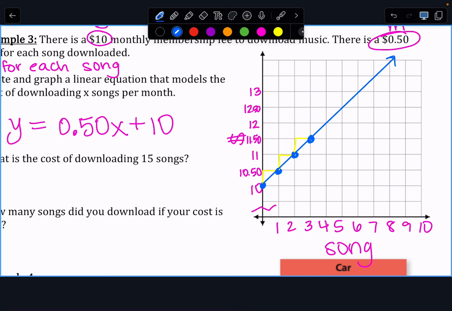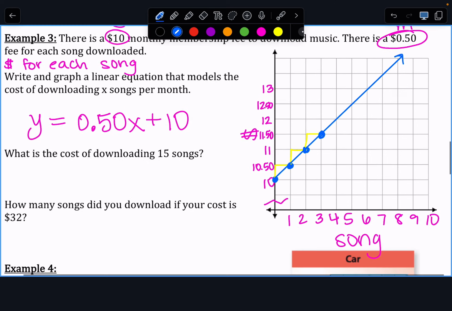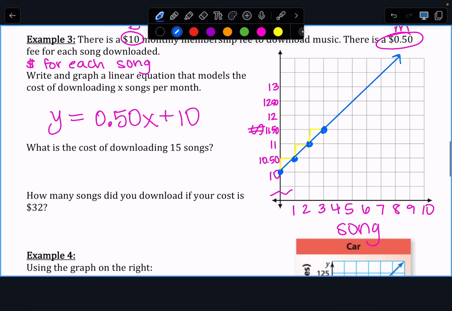But I have a pickle. I didn't quite make it to 15 songs over here on my x-axis. So if I want to know the cost of 15 songs, what am I going to have to do if I can't look at the graph? Equation.